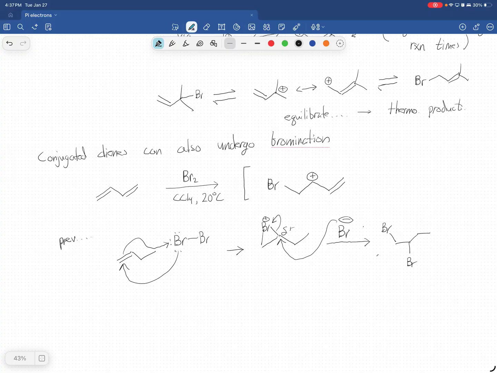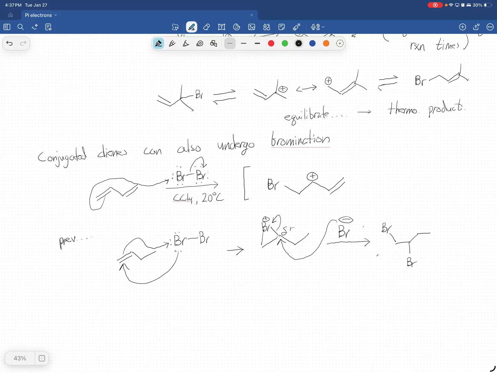Let me just slightly represent this as Br2, Br, Br. This is going to attack bromine, kick off one of the bromines, and you get the carbocation.